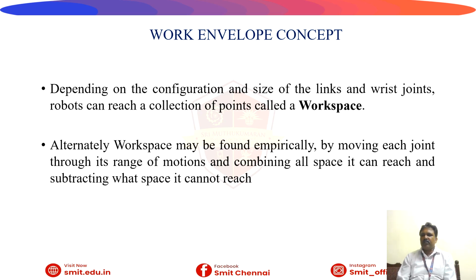Depending upon the configuration and the size of the links and the wrist joints, the robot can reach a collection of points called a workspace. That is the limit up to where the robot will travel to do the job. It can only work within that limit and can't go beyond it. Alternately, the workspace may be defined by moving each joint through its range of motion and combining all the space it can reach, separating it from the space it cannot reach.